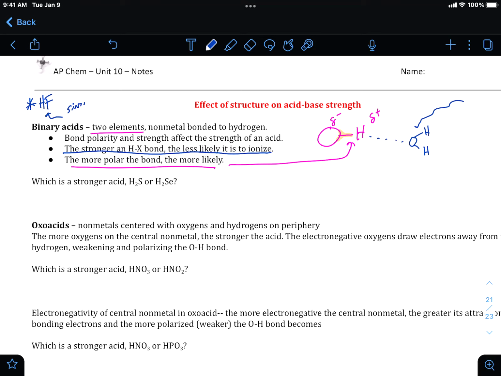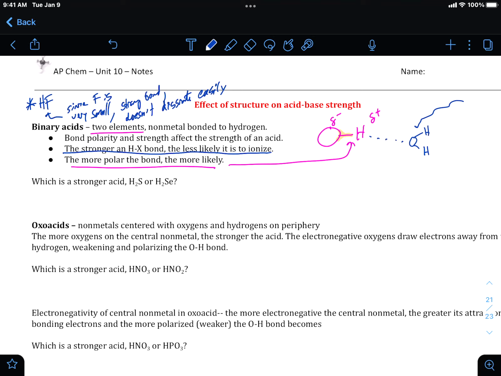So because it's very small, bond strength is high. It doesn't dissociate easily. At least it doesn't dissociate as easily as you think it would, right? You would think that, oh, it should be a strong acid, but it is not. Okay, so that's our prime exception.